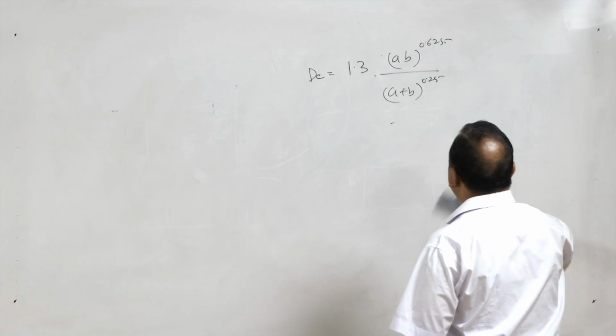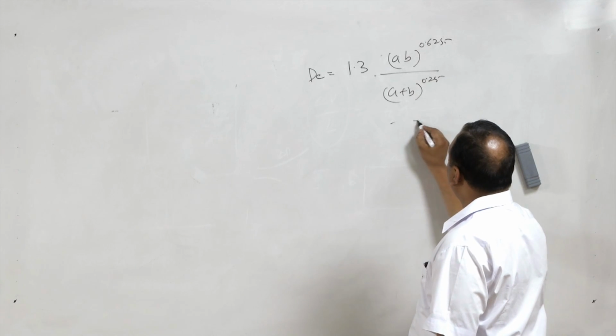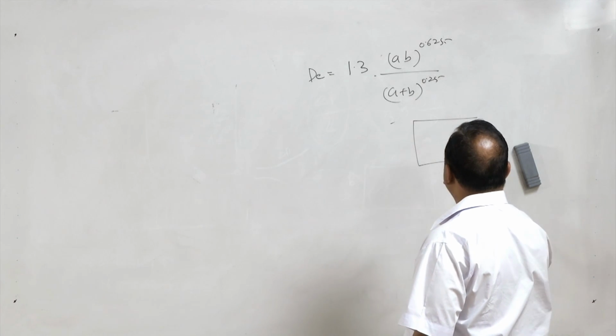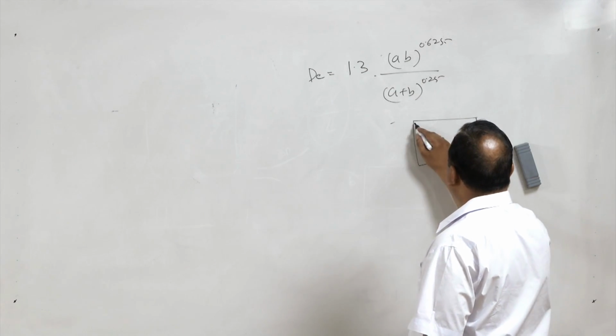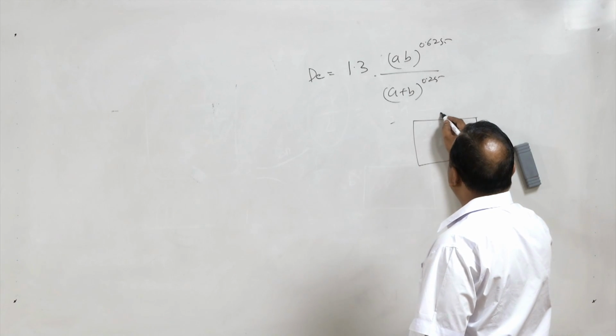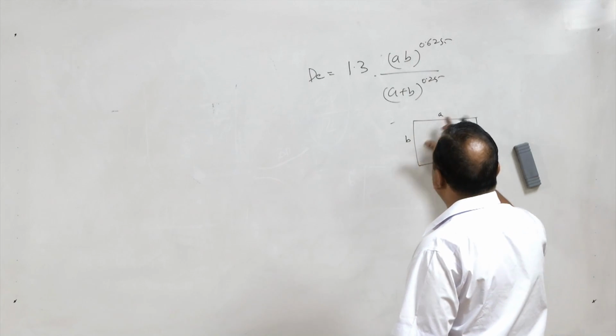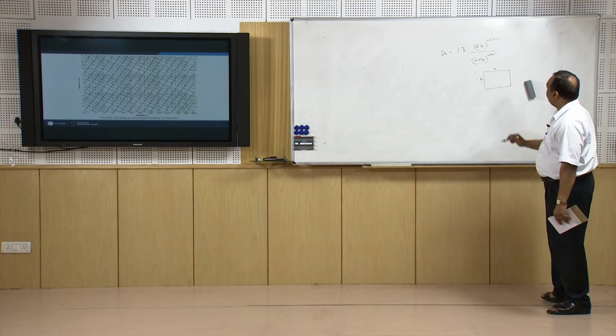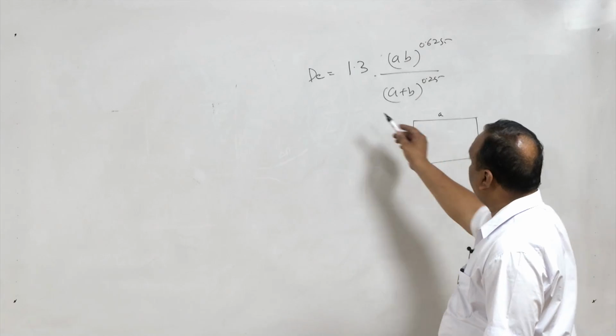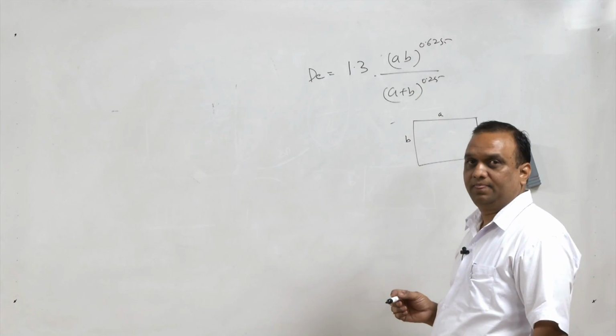This is the equivalent diameter of a rectangular duct which has sides A and B. A and B can be either of the sides.